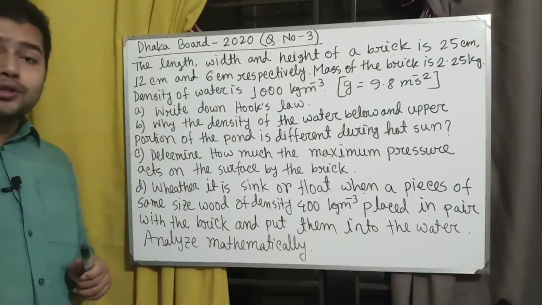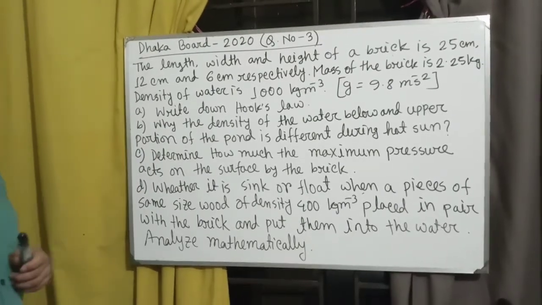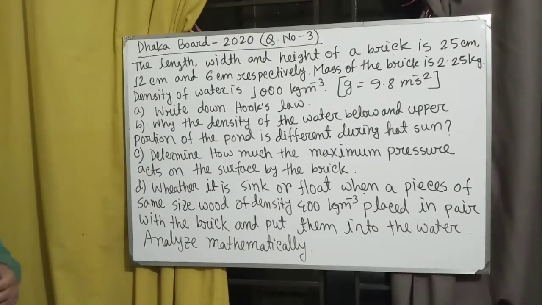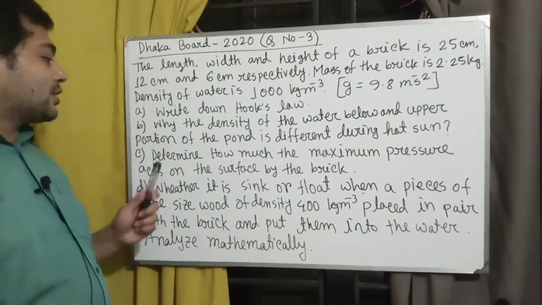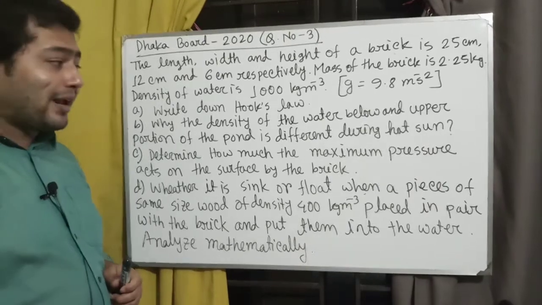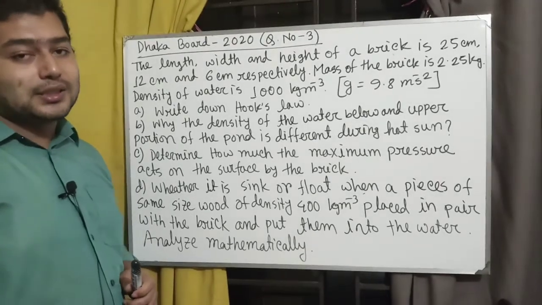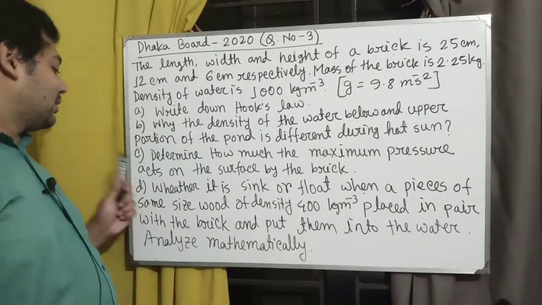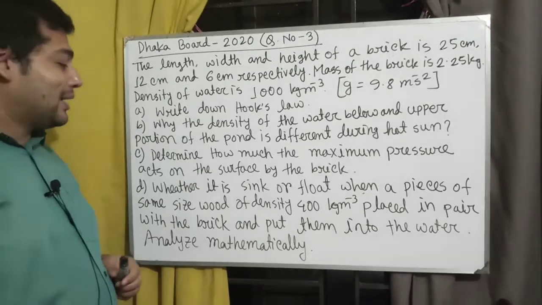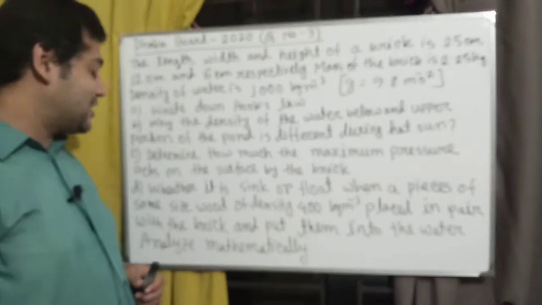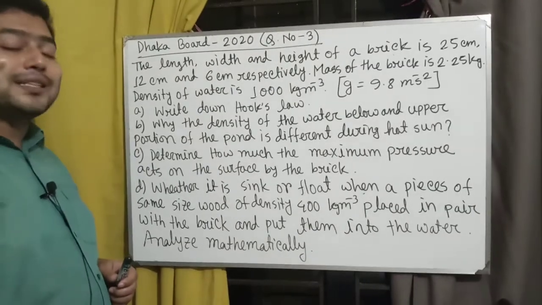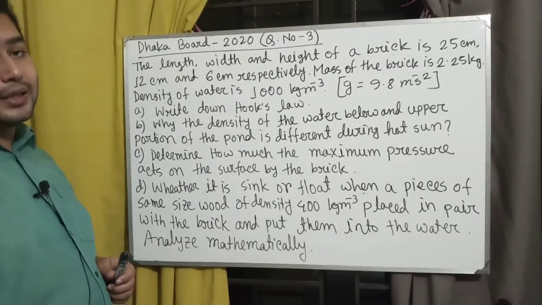A. Write down Hooke's law. B. Why the density of the water below and upper portion of the pond is different during hot sun. C. Determine how much the maximum pressure acts on the surface by the brick.